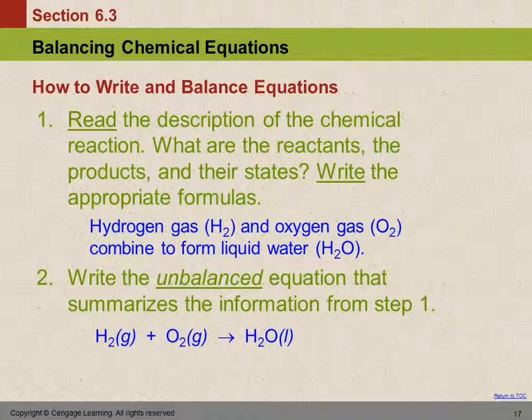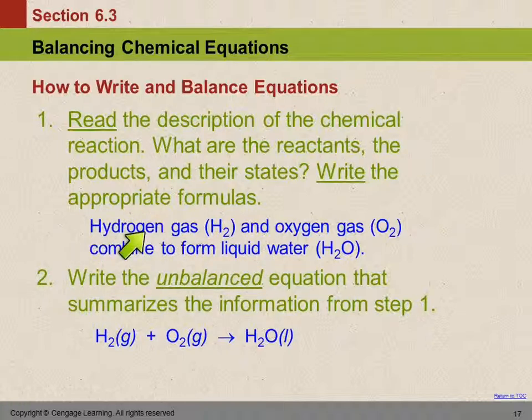So here are the steps in balancing equations. First you need to read the description of that reaction, identify what the reactants are, what the products are, what their states are, and then write out the appropriate formulas. So here's another example. Hydrogen gas and oxygen gas combine to form liquid water.